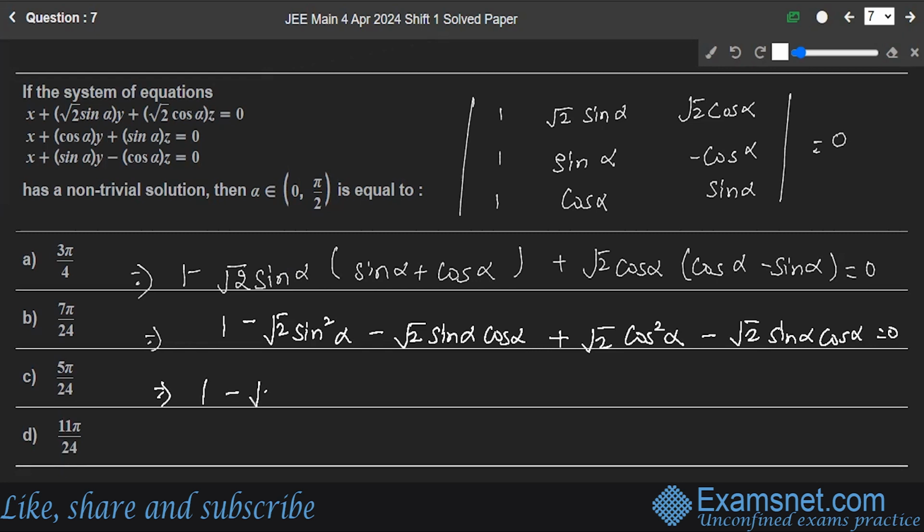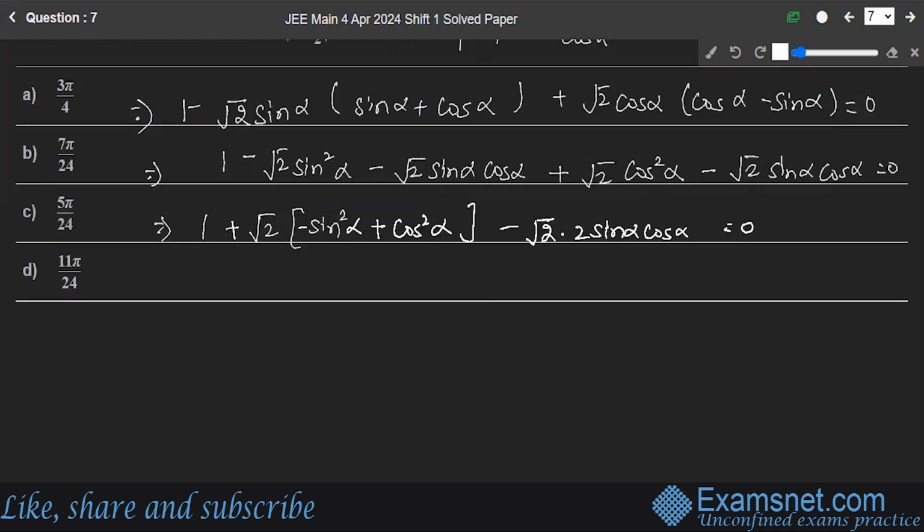This will give me minus root 2 sine square alpha, okay, minus cos square alpha. Or I can write it like this also, right? I will put a plus sign outside and a minus sign like this. Yes. Okay. And this is 2 sine alpha cos alpha is equal to 0.